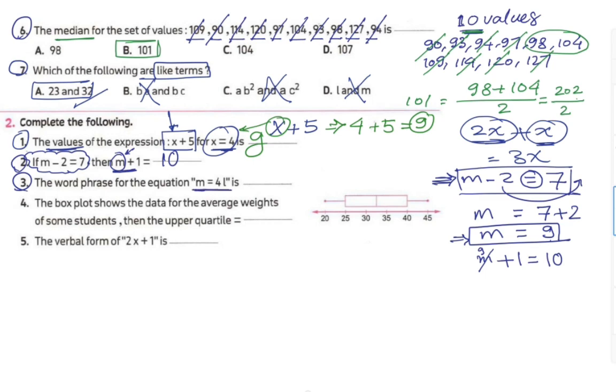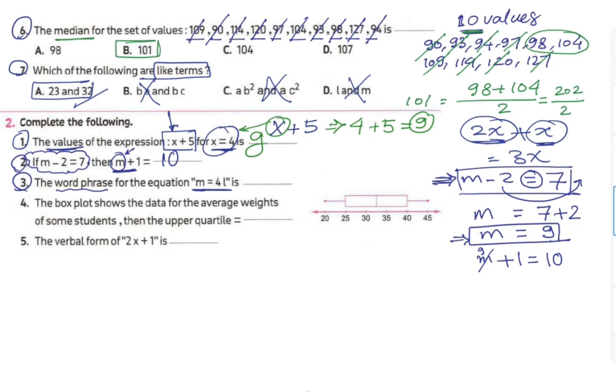Point number 3, the word phrase for the equation m equals 4l. This is an equation, but note that it has two variables, m and l. So he needs the word phrase. This is an algebraic phrase, but the word phrase is how to read it and write it.